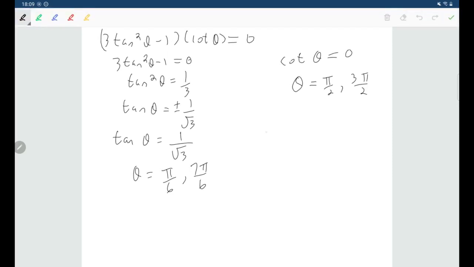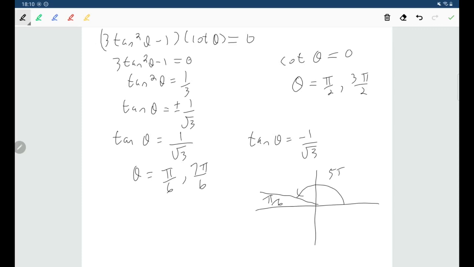And now finally, to finish off, looking at where tangent is equal to negative 1 over root 3, there are going to be two quadrants where that's the case. There's quadrant 2, where tangent is negative. And there, the reference angle is pi over 6, which means the angle itself is 5 pi over 6.